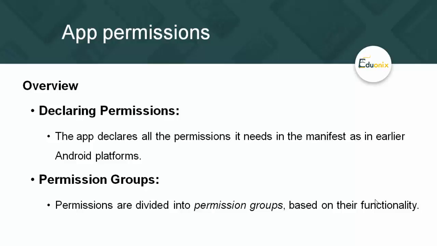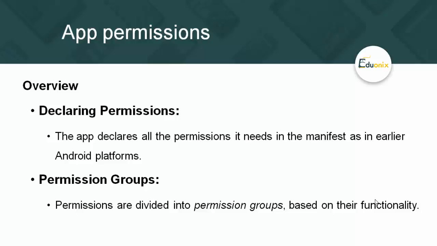If the app subsequently requests a permission from the same permission group, the system automatically grants the permission without any action from the user. The best way to illustrate this new permissions group model is to give an example. Suppose an app lists in its manifest that it needs the send SMS and receive SMS permissions, which both belong to android.permission-group.sms.